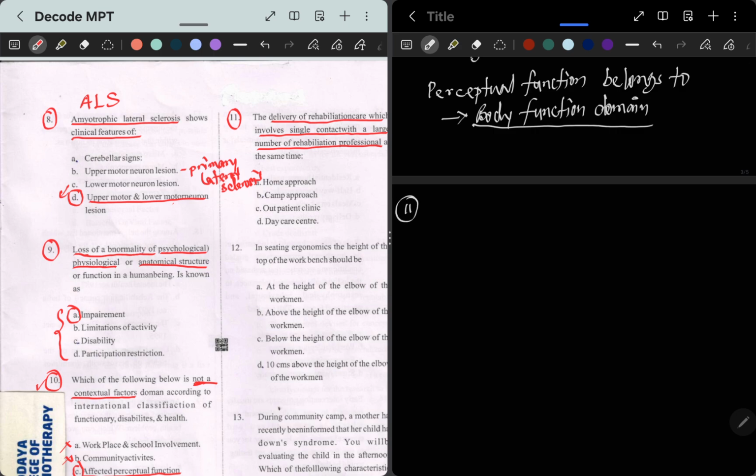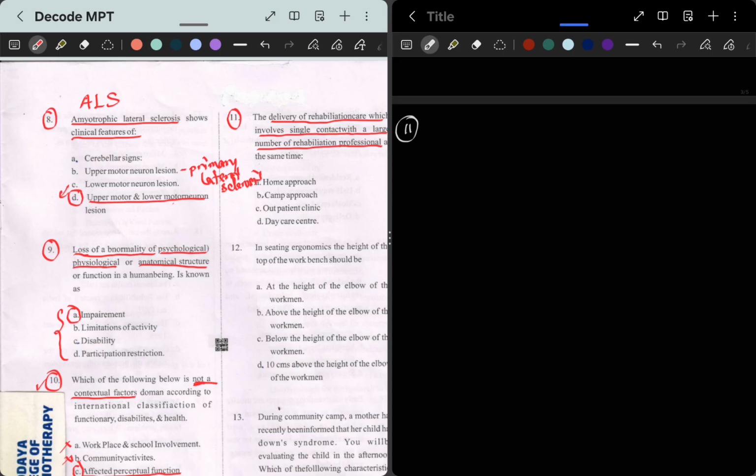Here the answer will be number B, camp approach.